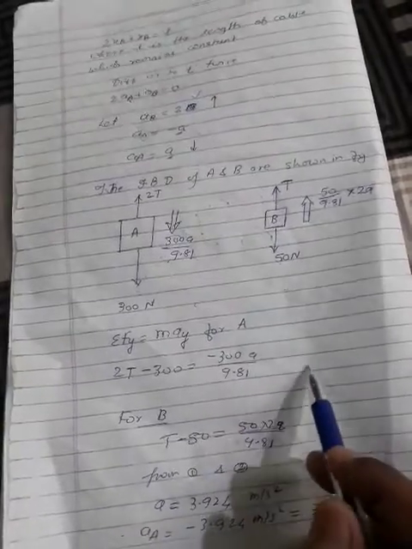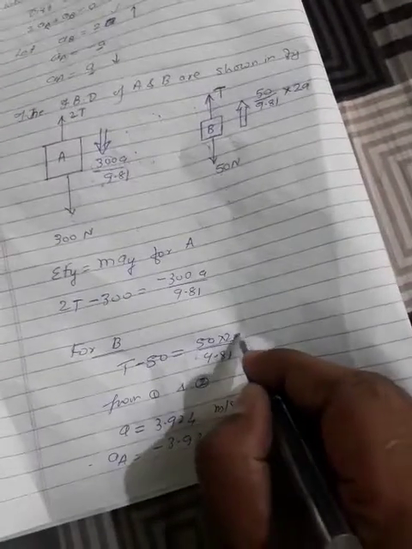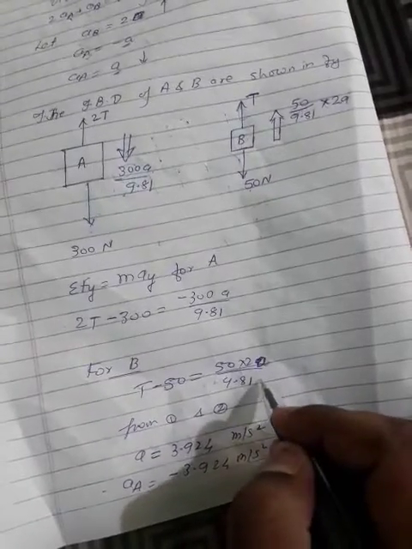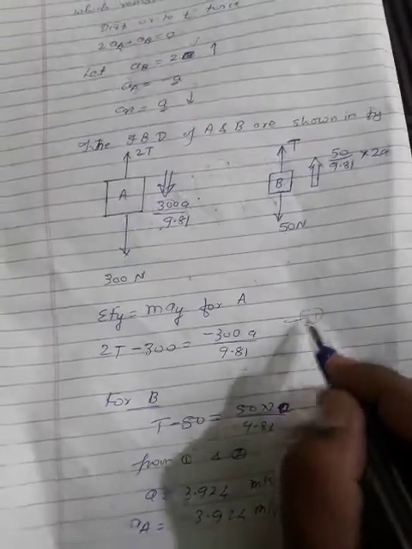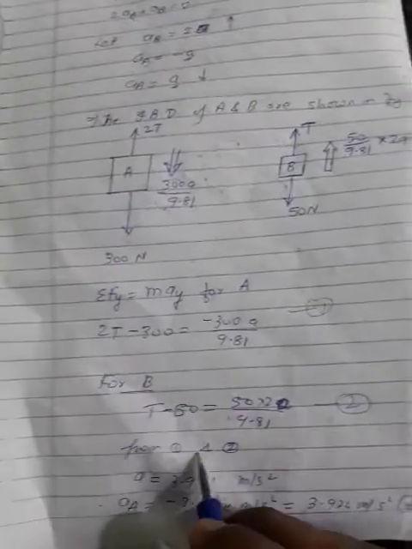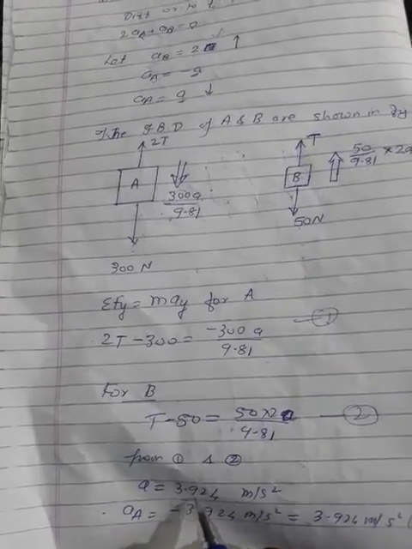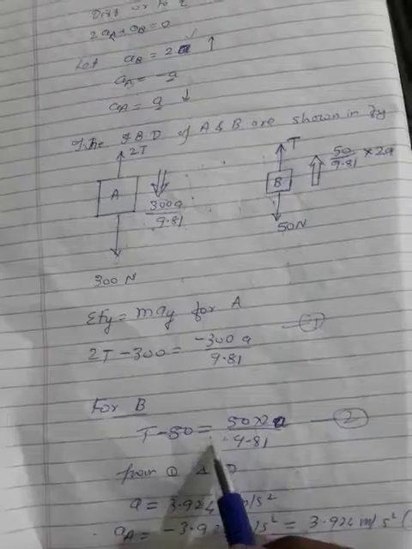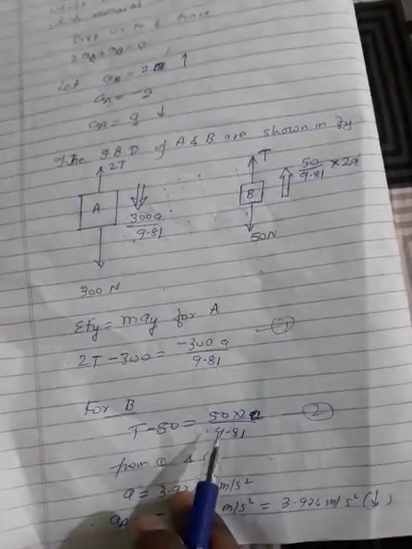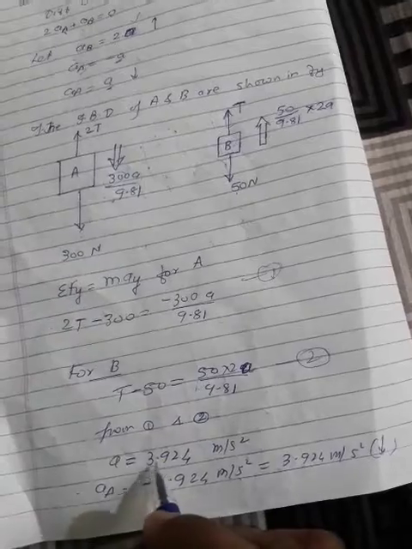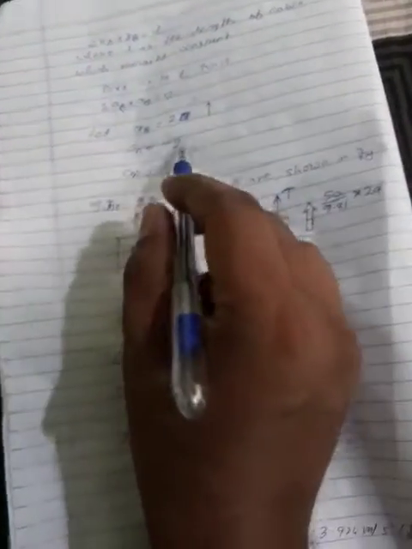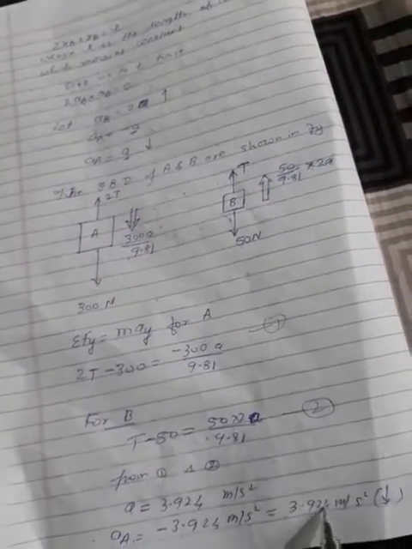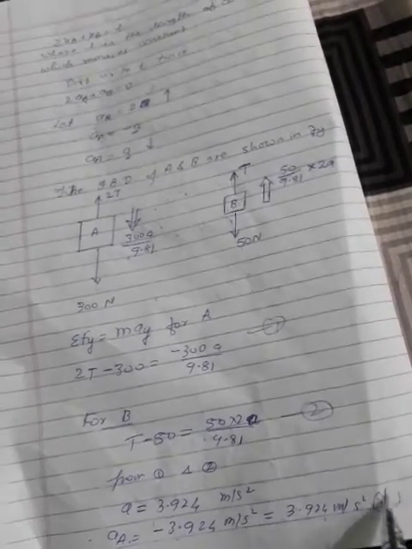So from 1 and 2, after simplifying, if I solve these equations simultaneously, this is 1, this is 2, I will get A as 3.924 meter per second square. But for the object it is minus, so minus 3.924, and I can show the direction: minus means in the downward direction.